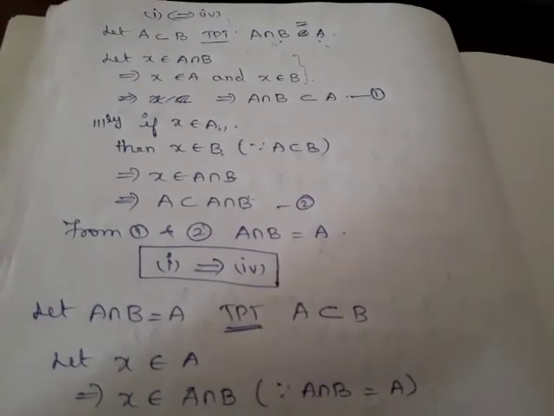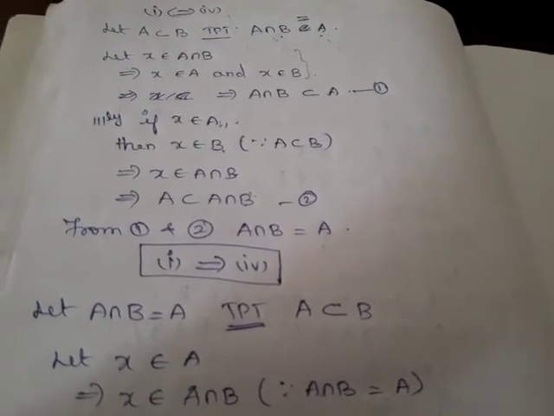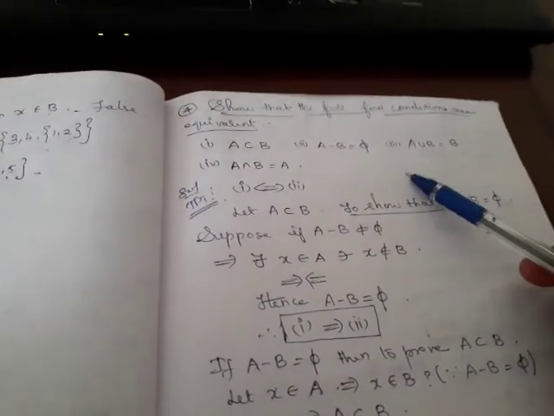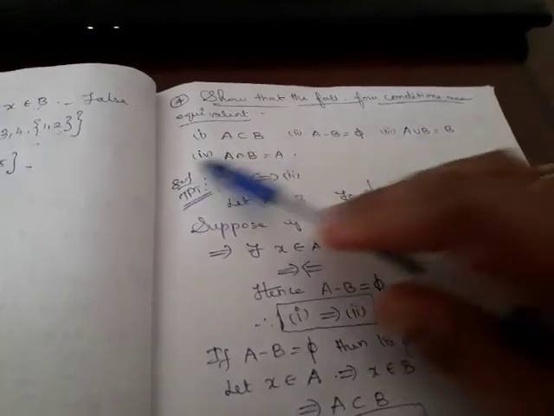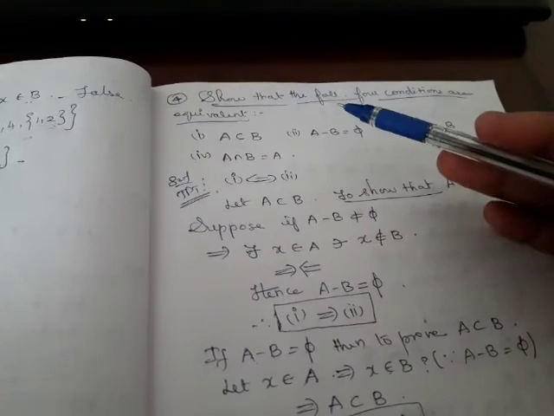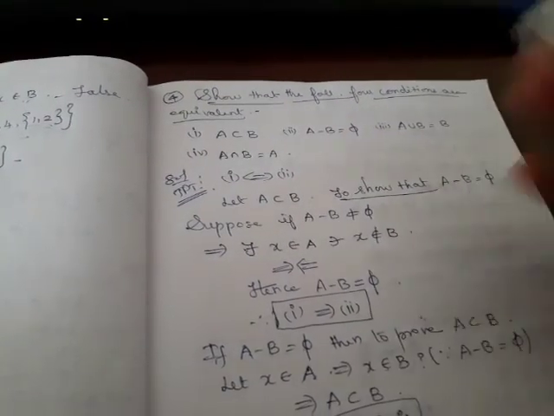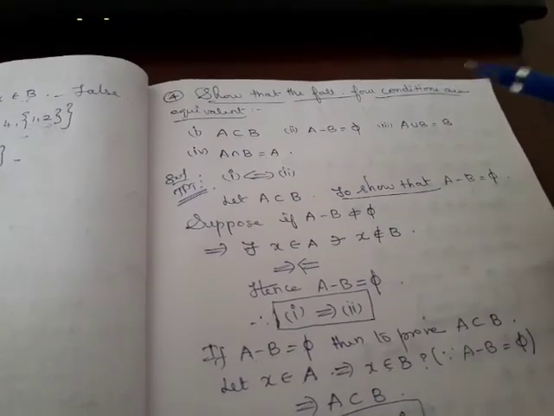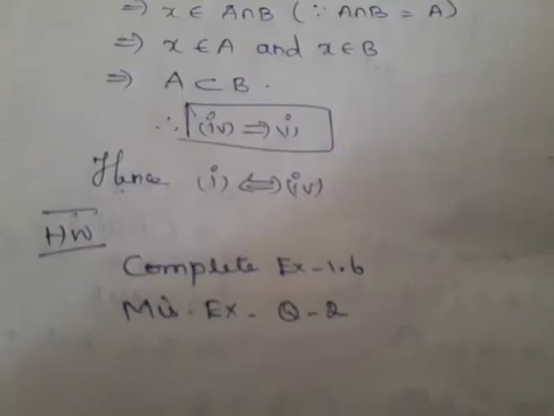If both the ways are true, then automatically both the sets will become equal, right? So thus we have proved all 4 statements are equivalent. If they ask you to prove equivalence, it means you have to show that one statement implies the other statement in both the ways. In either way it should be true, then only the statements will become equivalent, right?